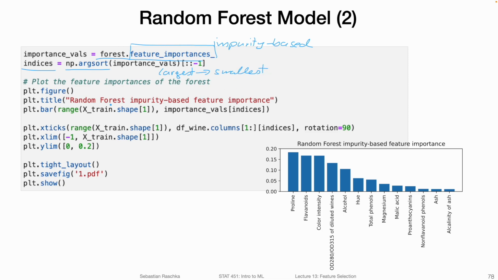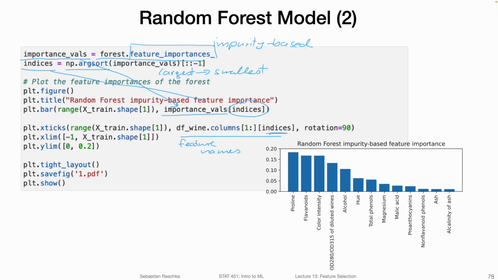And then what we are doing here is we are sorting these importance values using our indices from largest to smallest. And then we do the same thing for the column names. So these are our feature names. Here we are also sorting them using our sort indices.